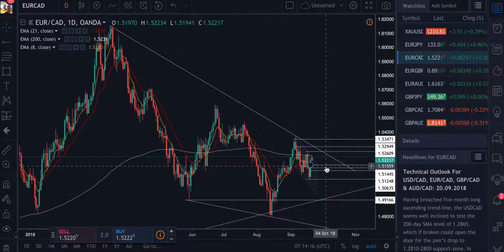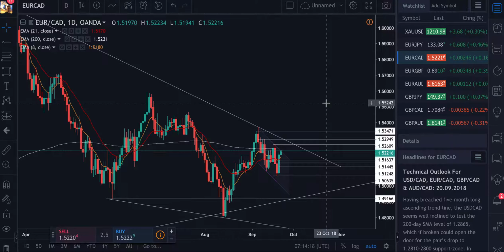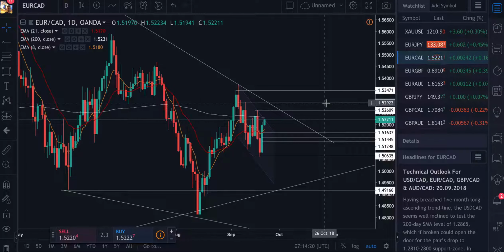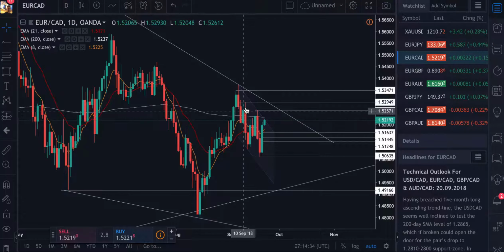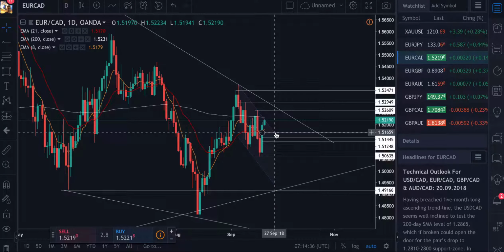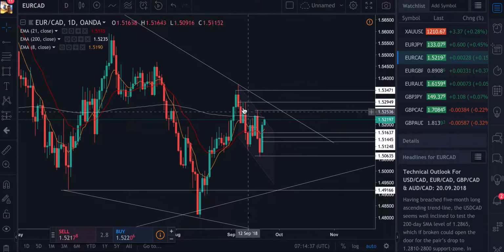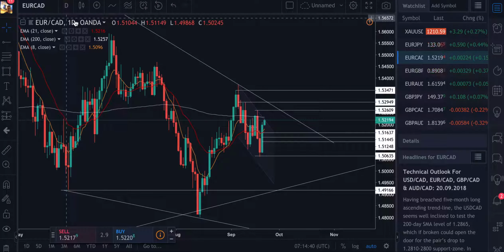With all the news coming out with Brexit and the NAFTA deals between the US and Canada, we've had some huge volatility in the last couple of weeks. You can see there have been huge daily moves in this currency pair. We're now currently trading within a bearish channel.